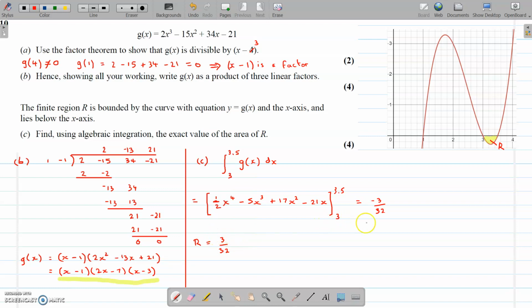Okay, and the reason you get the negative, of course, is because the area is below the x-axis. Okay, but the answer to the question is 3/32. And you don't need any units or anything in there. Okay, so that's question 10 done. Take care.